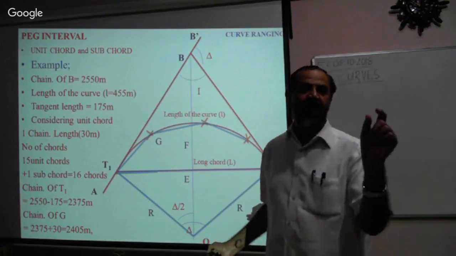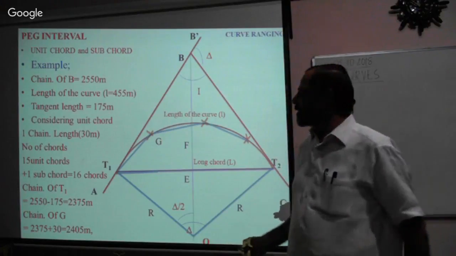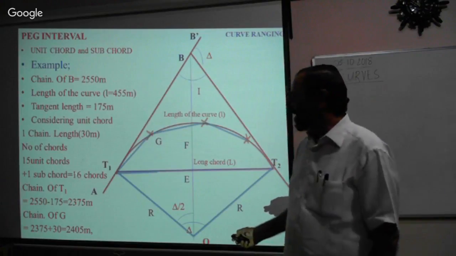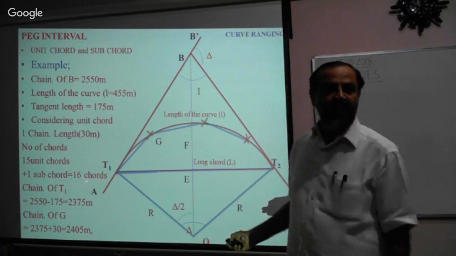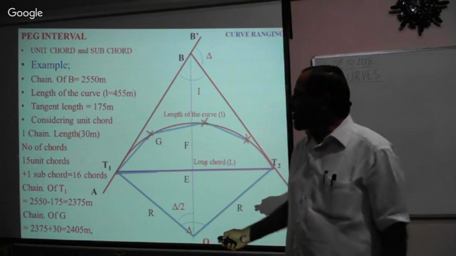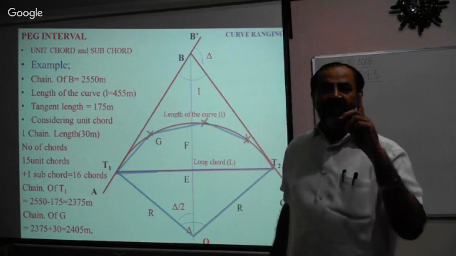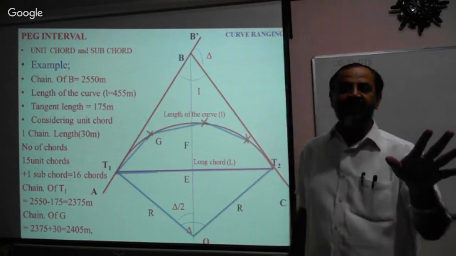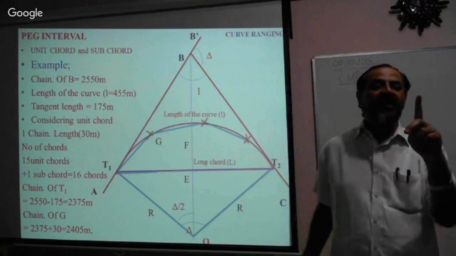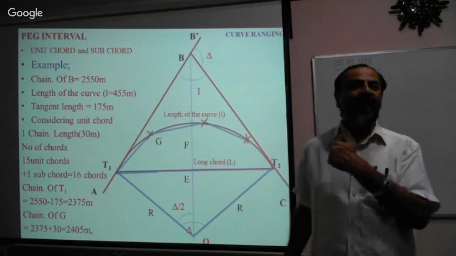That 5 meter is very small for our calculation purpose, and we get very small data. Therefore, instead of 16 total chords, 15 unit chords and 1 sub chord, I will make it 14 unit chords of 30 meters and 1 sub chord of 35 meters. Then how many chords do we have now?